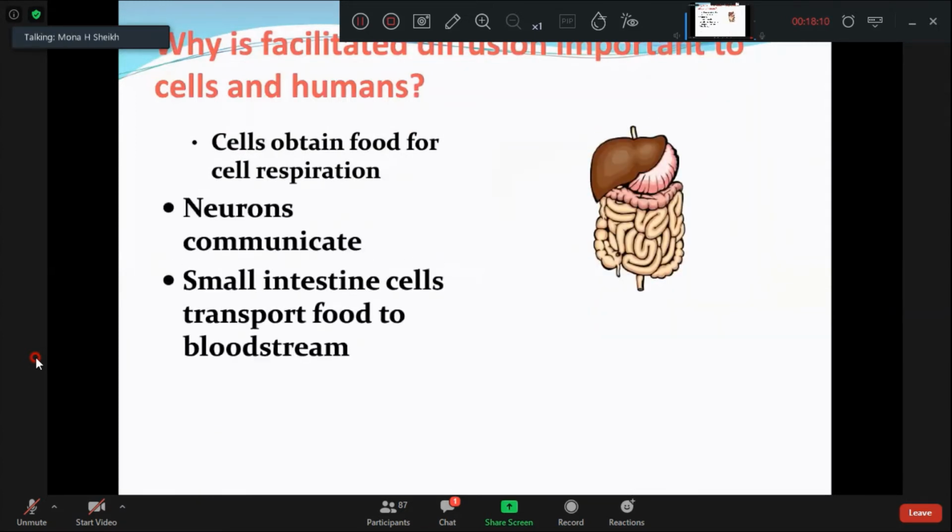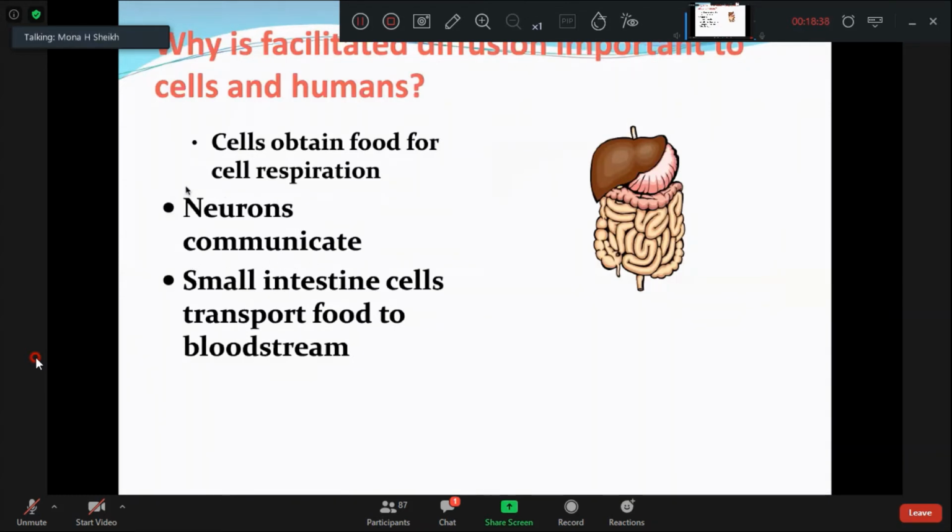These are examples of why facilitated diffusion is important. We can obtain food, neurons can communicate, and what do we call the messenger between neurons? Impulses? That's the signal, the electric signal, but I'm talking about a certain chemical. We call them neurotransmitters.